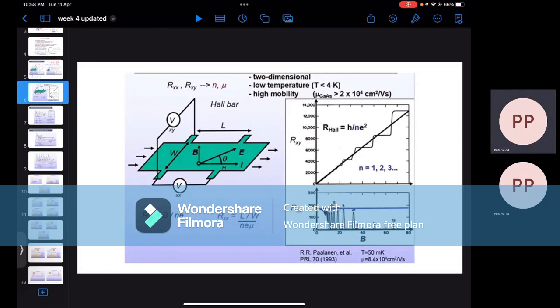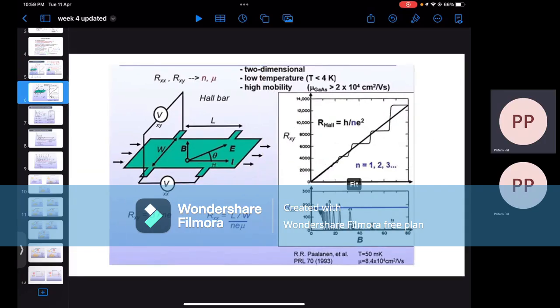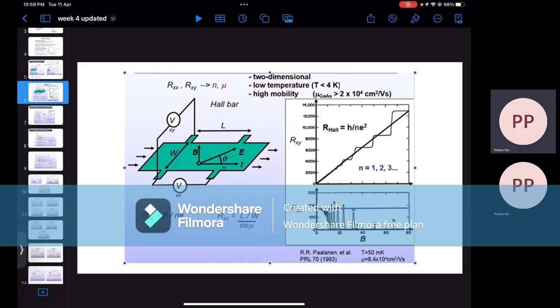Okay, so here's what happens if I have a high mobility sample. You can see that we start to deviate from the Drude model in both the Hall and the longitudinal resistance, which starts to develop plateaus. The longitudinal resistance drops down and starts to show drastic oscillations which go all the way to zero.